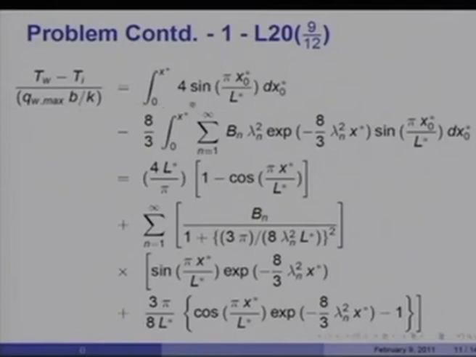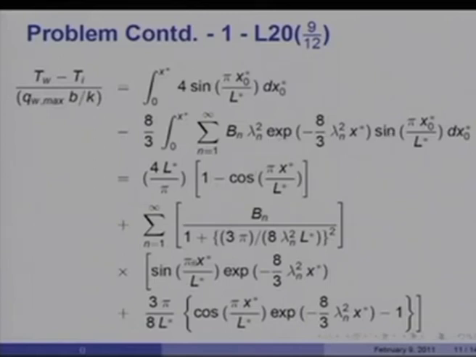This is the integral of 4 x sine pi x naught star dx naught star minus 8 by 3 all this, and that would equal 4 L star by pi cos pi x star by L star. This integration requires little effort because it is a product of an exponential term and a sine term.